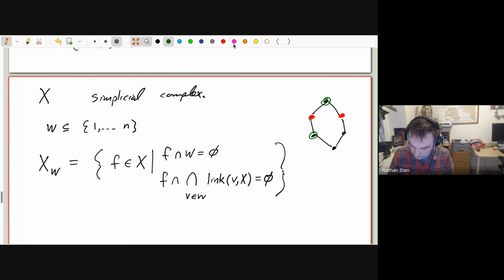The link of the red vertex on the right is going to be these two pink vertices that I circled. And so the intersection of these two links is the one that's both green and pink. So I need to be disjoint from that. I also need to be disjoint from the two red vertices. And so what I end up with is the blue subcomplex that looks like this. So that here is my X_W.